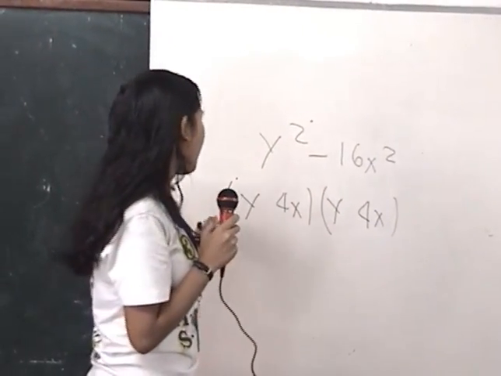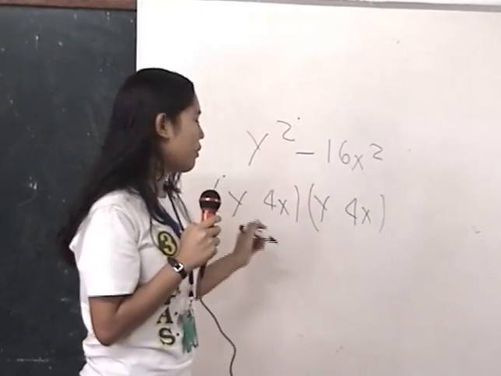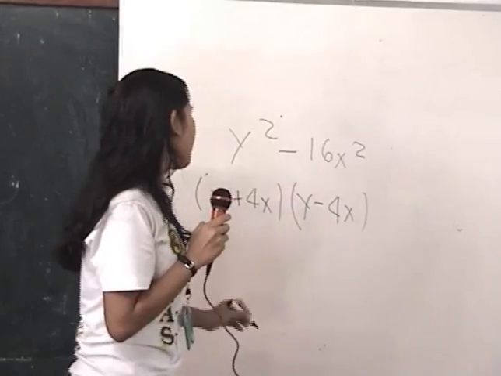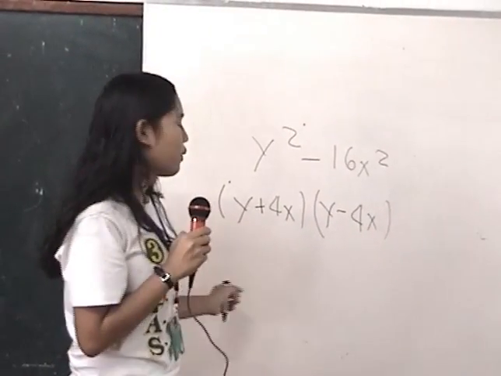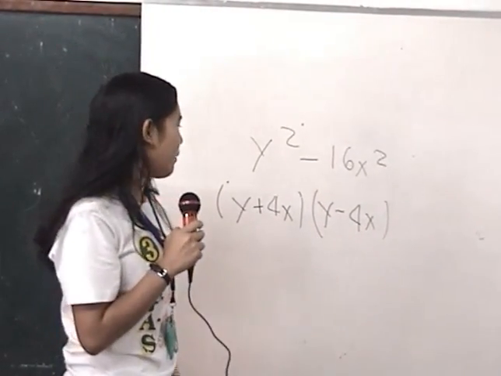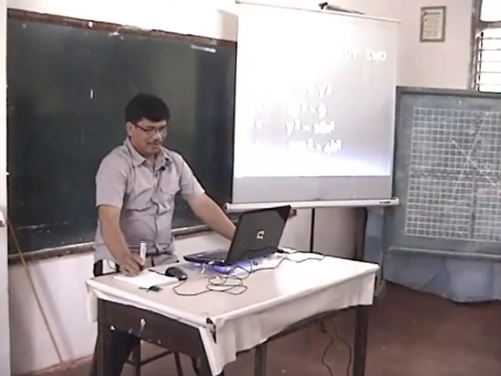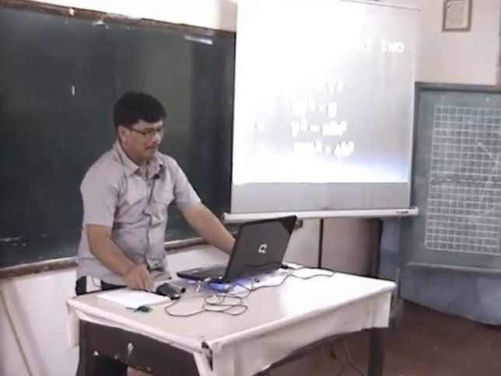Get the sum and the difference of the given binomial. Then the answer is y plus 4x times y minus 4x. Very good.